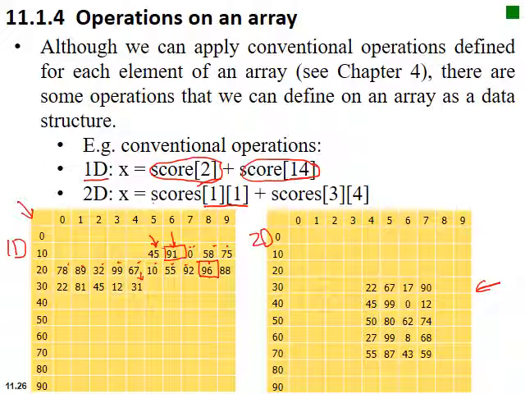Logically, remember this is the first row, in other words rows 1, 2, 3, 4 and 5, and columns 1, 2, 3 and 4. So if we talk about score 1,1, row 1, column 1, we're talking about that score. If we talk about score 3,4, row 3, column 4, that's the intersection, we're talking about that score. So in this case, we would be adding 22 to 74. All right, that's just to show you some examples here.